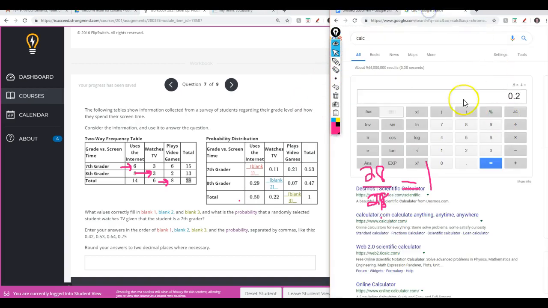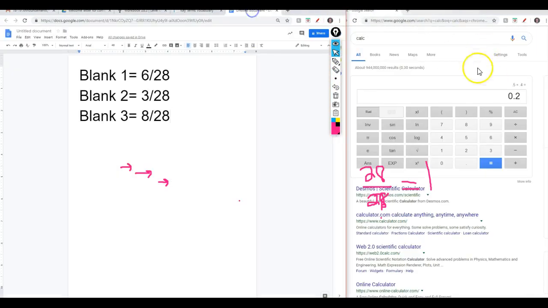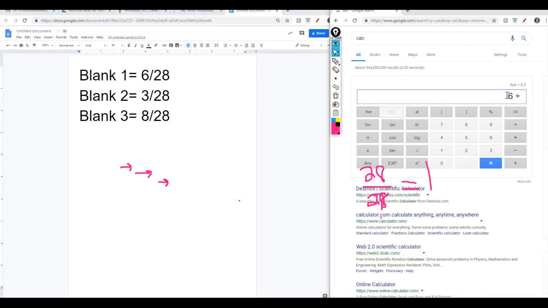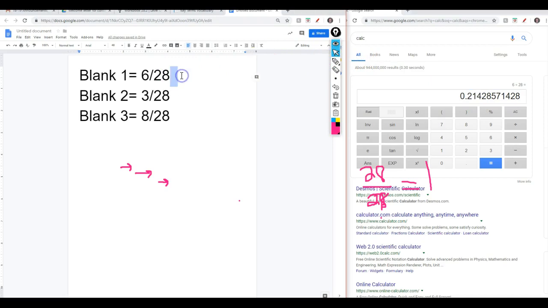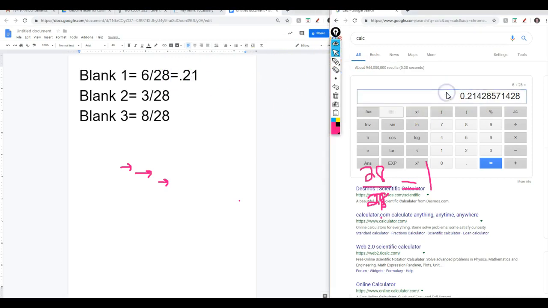So now if we want to jump over to our calculator, we'll just do 6 divided by 28. That gives us 0.214. Since that 4 is less than a 5, it will stay as 0.21. 3 out of 28 ends up being 0.107.